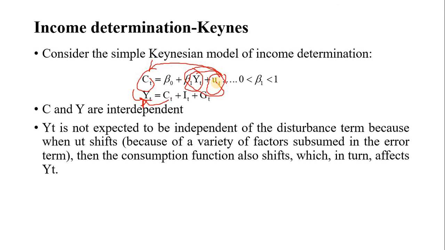Since UT will influence CT, and CT will influence YT, because of this factor, CT, YT and UT are related with each other. So what's the problem? It violates one of the fundamental assumptions of OLS, that the explanatory variable and error terms are unrelated. So this is the problem with the simultaneous equation model.